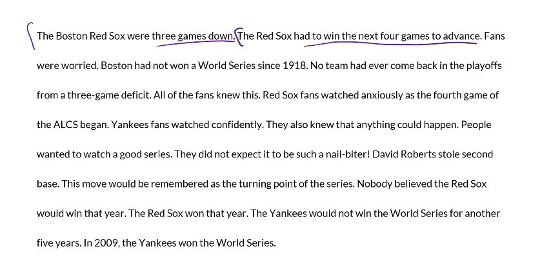So if you just listen to what I said, right away, we're wanting to combine 2 concepts. What might be a way that we can do that? So consider the different formulas. Well, if we know that we're combining, there's a good chance we're probably going to use the word and here. So we might say the Boston Red Sox were 3 games down, comma, and they had to win the next 4 games to advance.